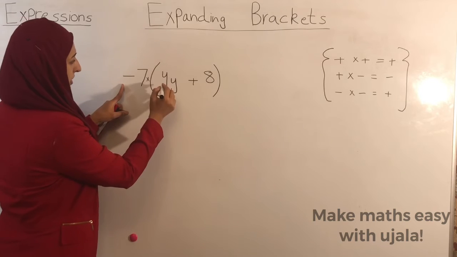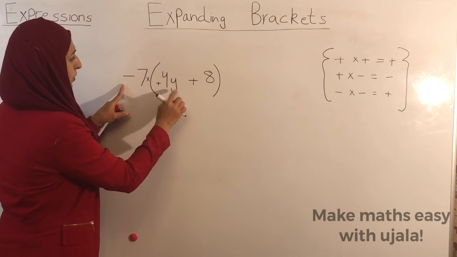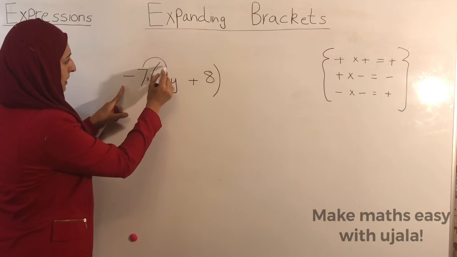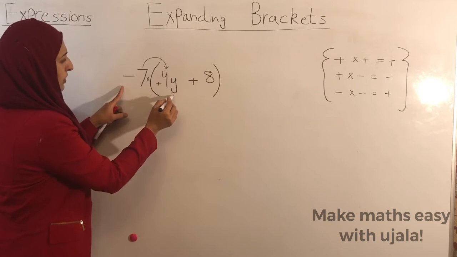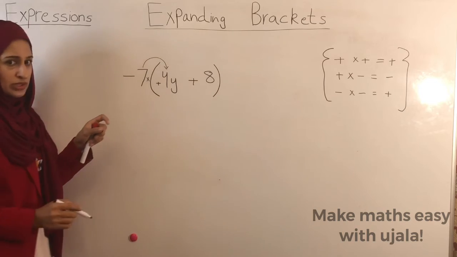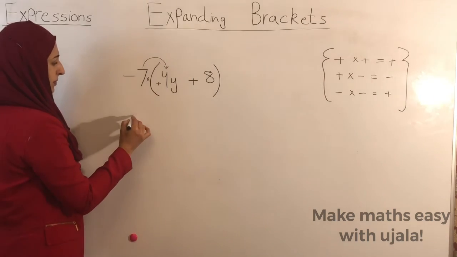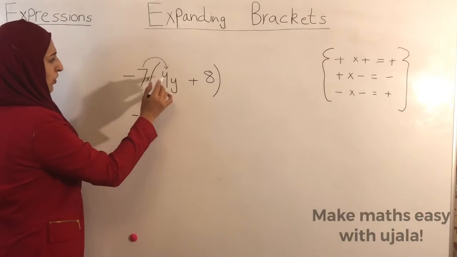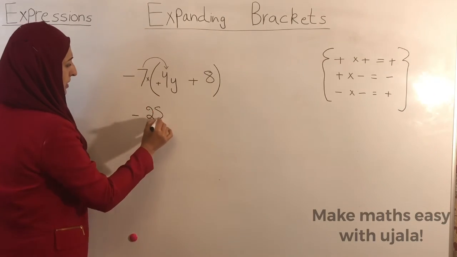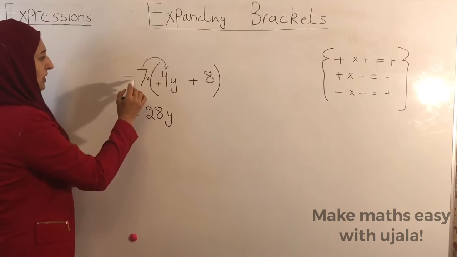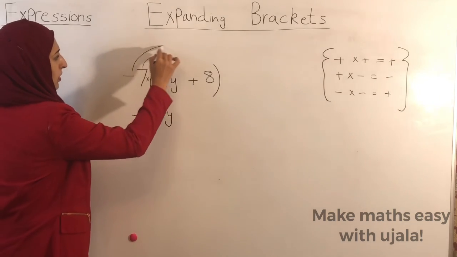The minus sign is multiplying with the plus 4y. So signs are multiplying with signs, numbers are multiplying with numbers, and coefficients are multiplying with coefficients. Minus plus, minus. 7 times 4, 28, and there's no coefficient, so there's only y.